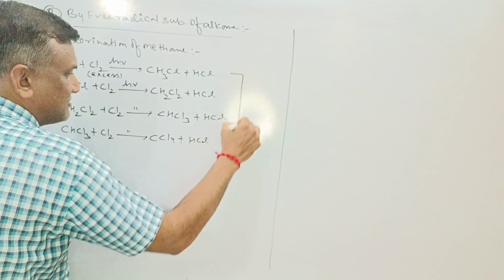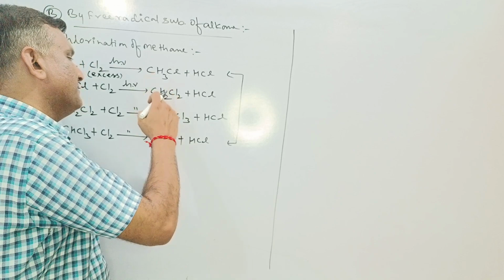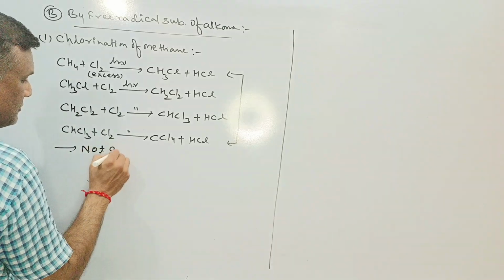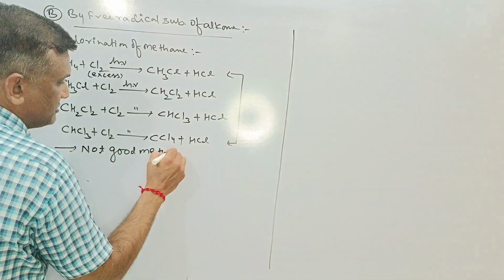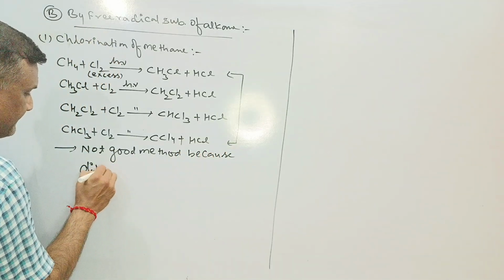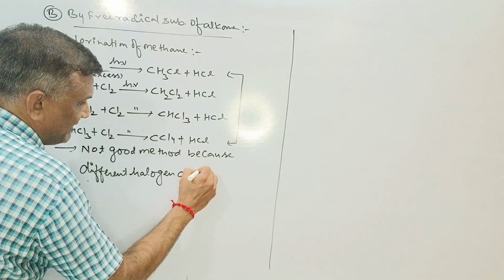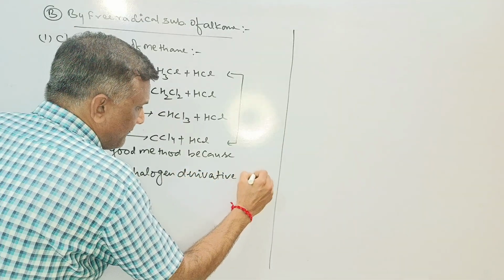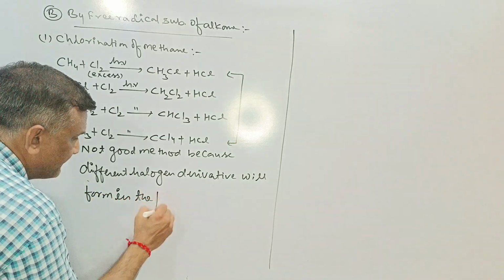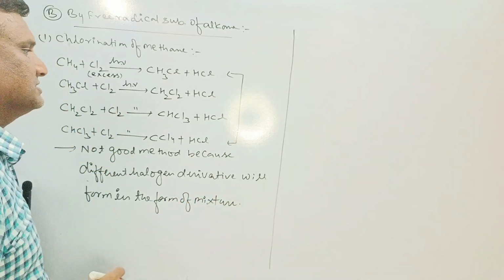So we can say it's not a good method for halogen derivatives, because different halogen derivatives will form in the form of a mixture. This was regarding just this reaction.